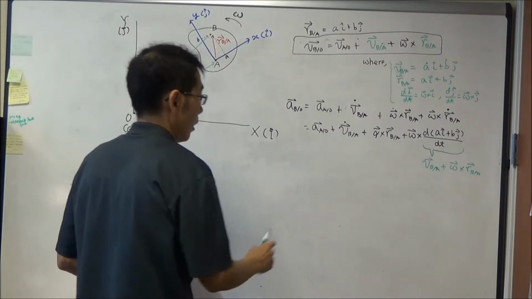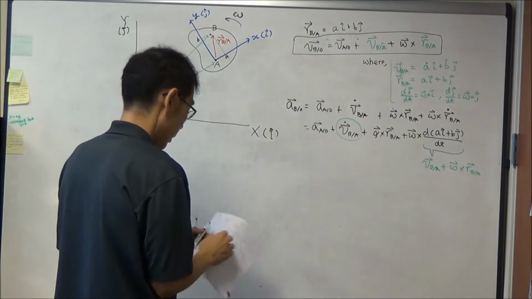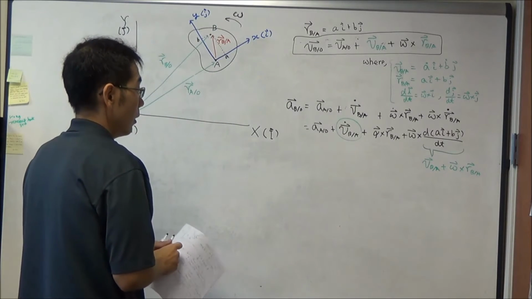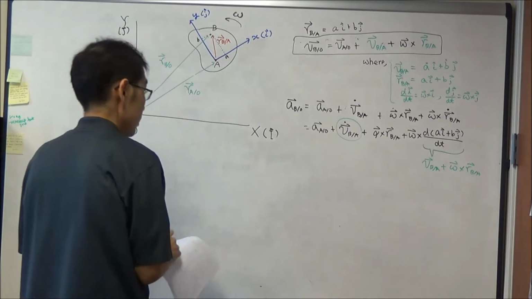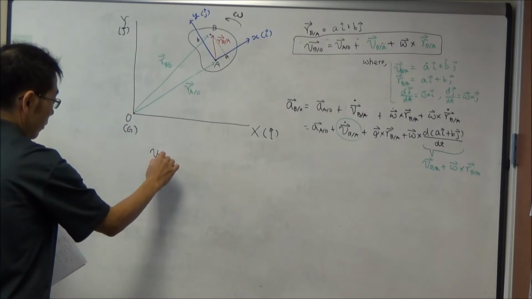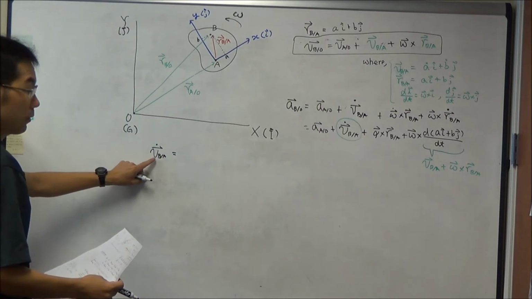And how about this one? So let's think about that one. Before we proceed, let's think about this one first. Here, I want to figure out the time derivative of the relative velocity.